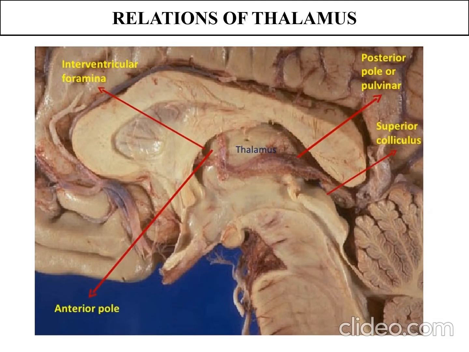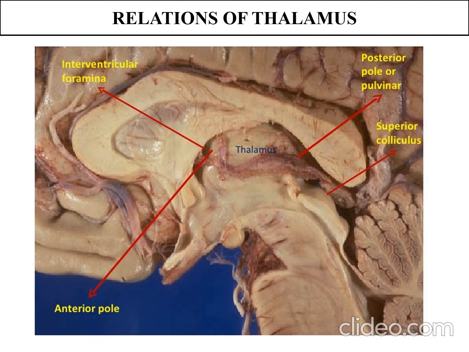Next we will study the relations of the thalamus. First we will study the relations of the two ends. The anterior end is narrow and relates to the interventricular foramen. This anterior end of the thalamus forms the posterior boundary of the interventricular foramen.